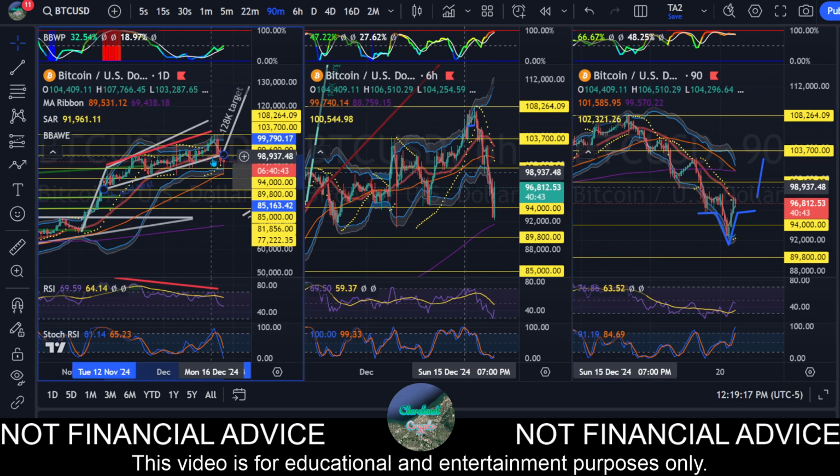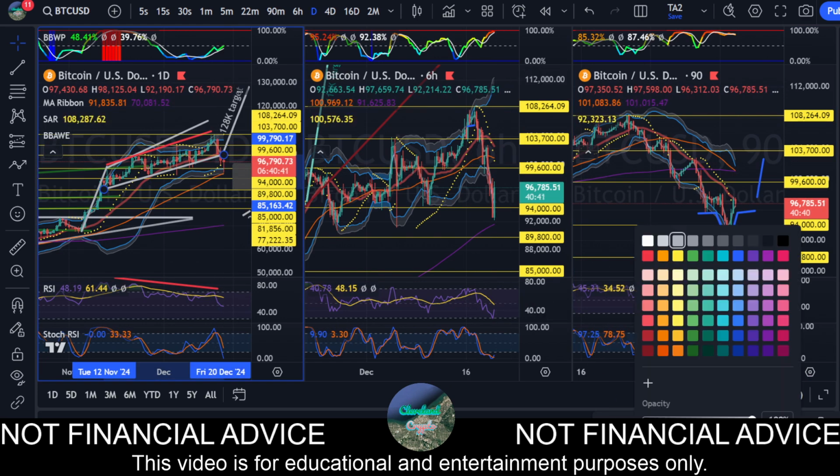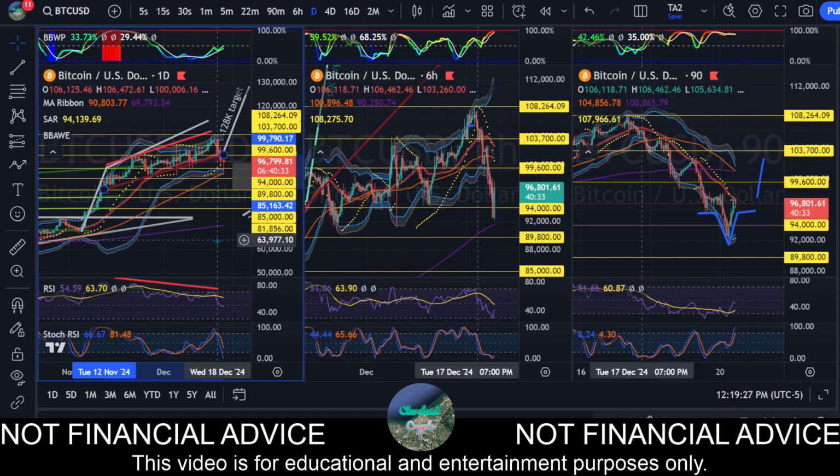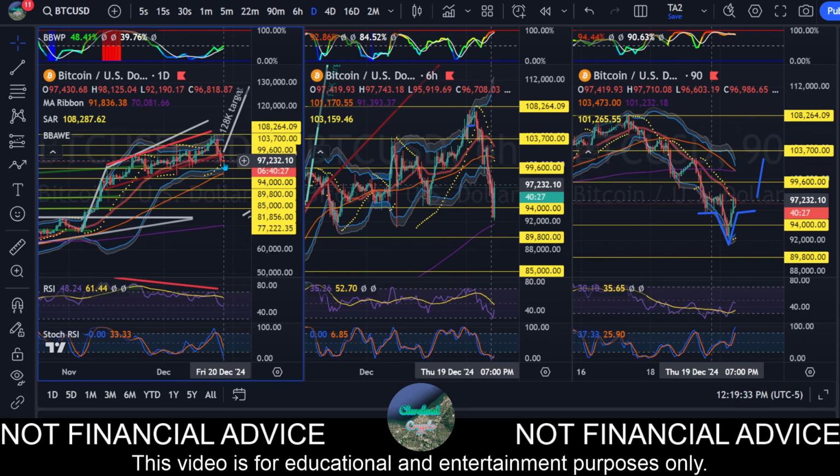The lower support of that wedge has broken. We'll put that into red now to signal that it has been broken and has flipped to resistance, now that we have closed a candle.